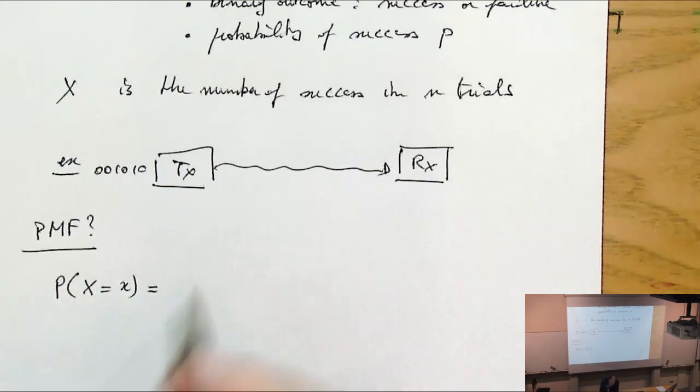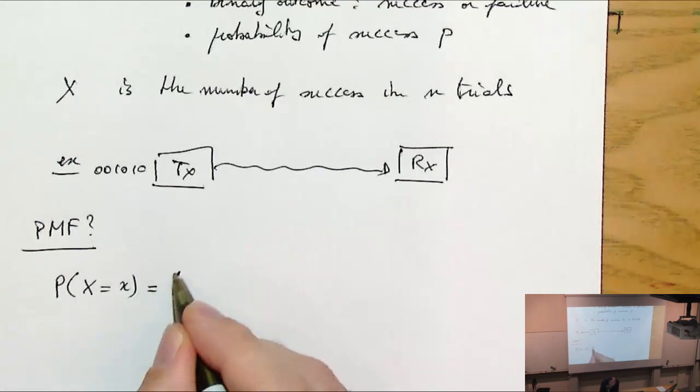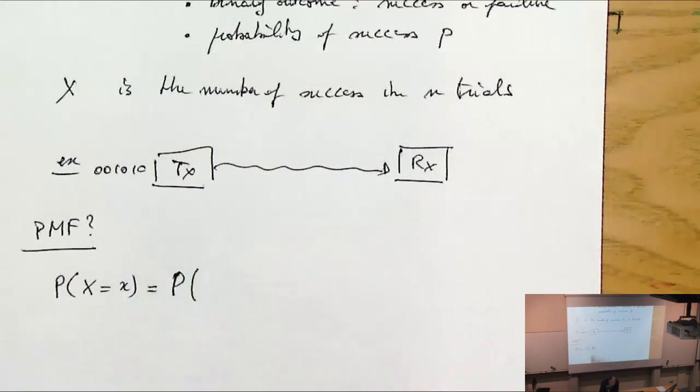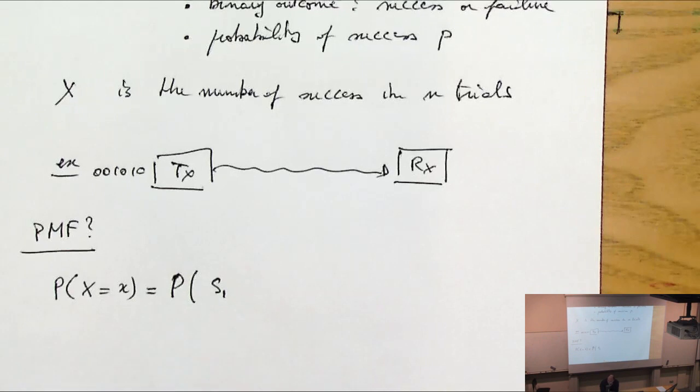Well, if I have n trials, and I'm looking at exactly X successes, I can have success at the first trial. So S1 means I have success at trial 1.